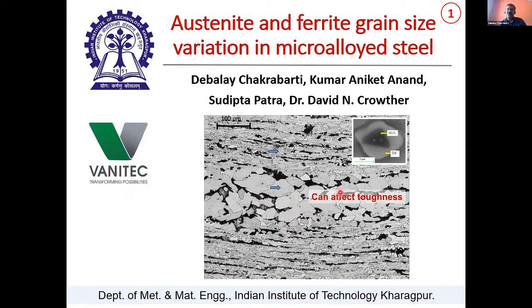And sometimes you will find very coarse particles also. If coarse grains and coarse particles, say titanium nitride or niobium titanium carbonitride, are present, then we know this can be very detrimental from an impact toughness point of view. So primarily we are focusing on structural and line pipe grades of steels.